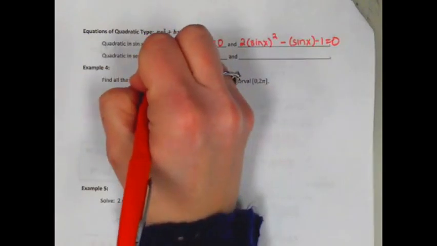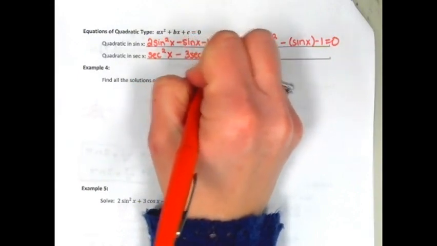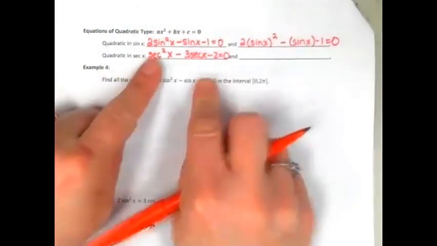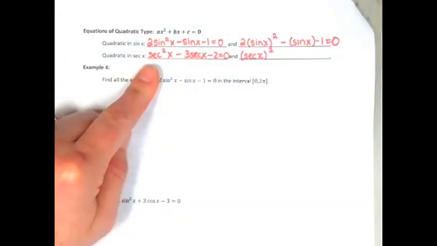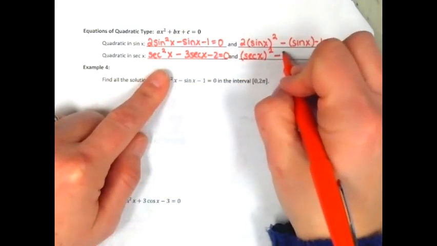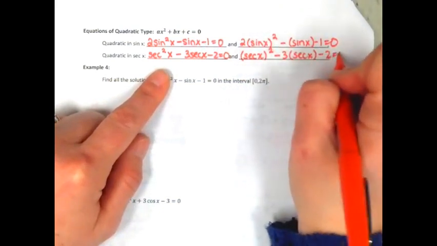If you see secant squared x minus 3 secant x minus 2 equals 0, we could put the secant x inside the parentheses and square it. That means the exact same thing. And again, same thing with cosines, all of that fun stuff. I just went ahead and did sine and secants.